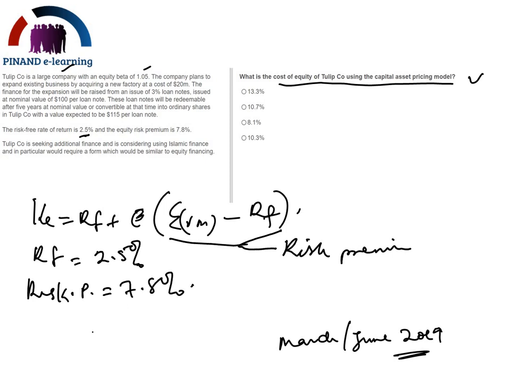7.8%. You give me beta, the equity beta, which is the beta here. The beta is 1.05. So with this, I think I can slot it into the formula and get my answer very, very quickly.